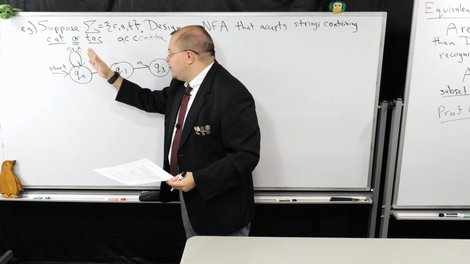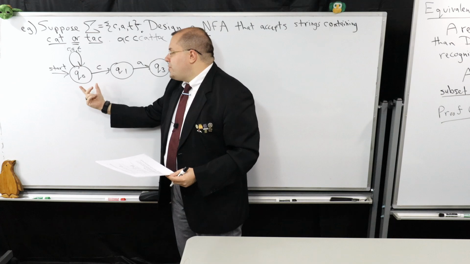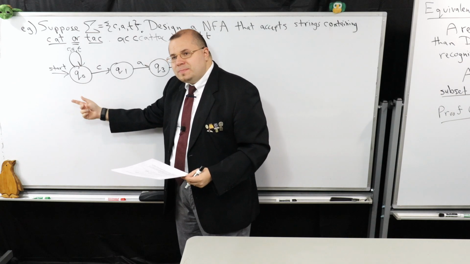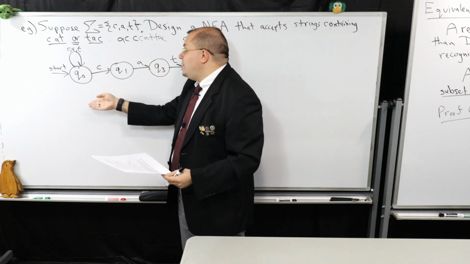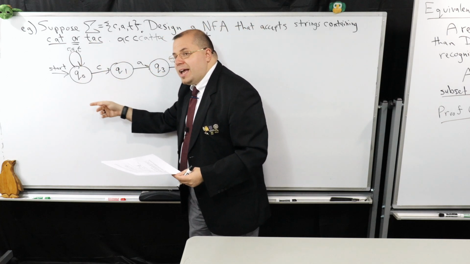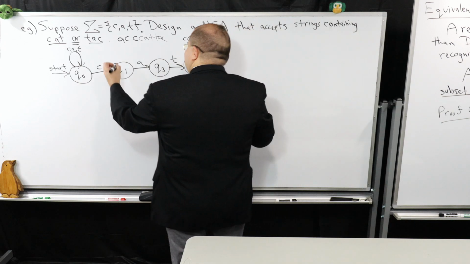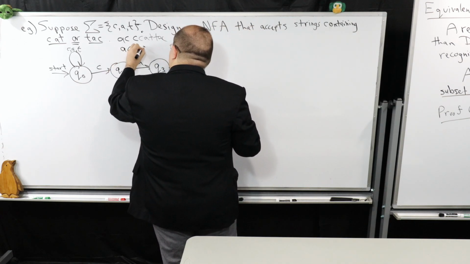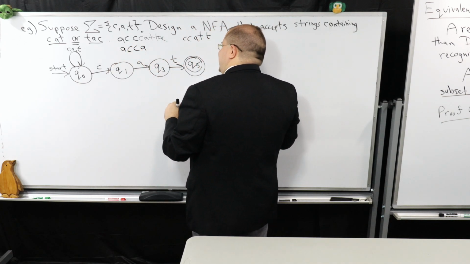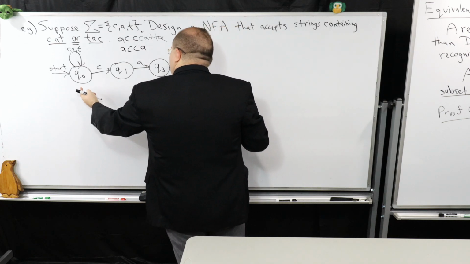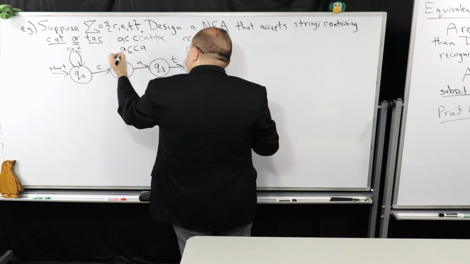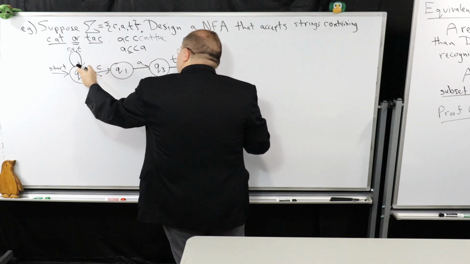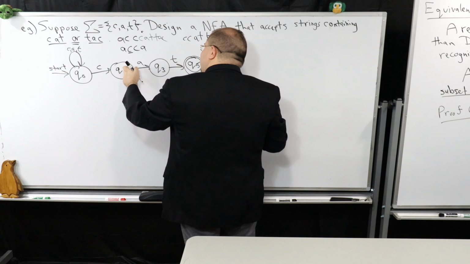I'm going to put transitions on C, A, and T so that if I read any symbols, it stays in Q0. Imagine it read ACCA like this. You'll notice that it will keep a state in Q0. As soon as it sees a C, it will be in Q0 and in Q1.